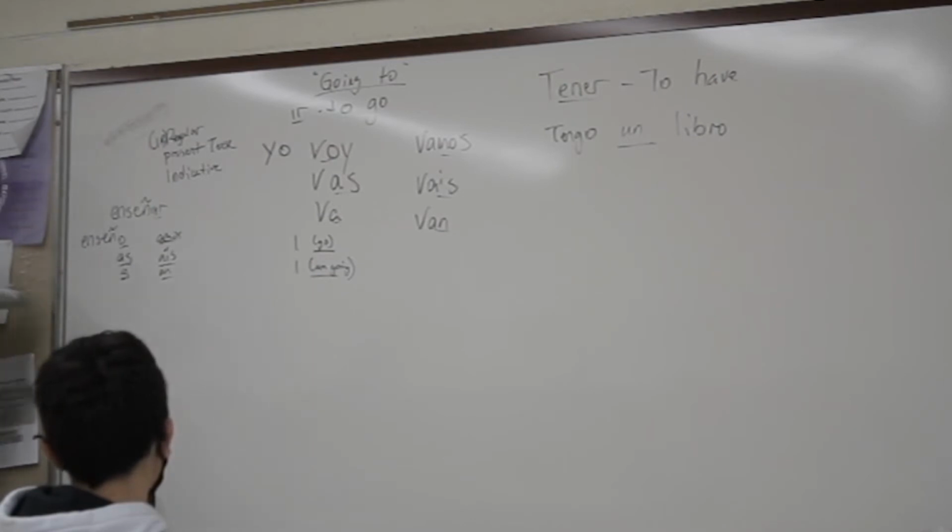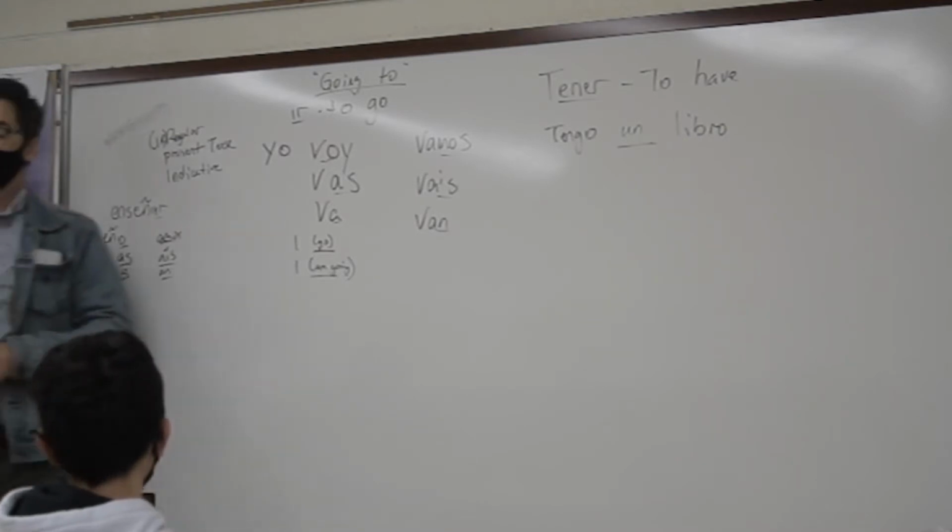So it could be present tense, enseño, I teach, or enseño could be translated present tense continuous. I am teaching. Okay, so these conjugations with these endings for AR, ER, and IR can be translated as present tense or present tense continuous. So you can go either way.